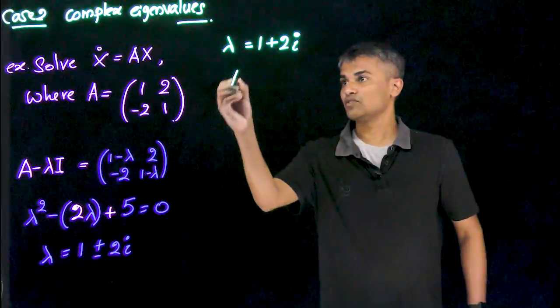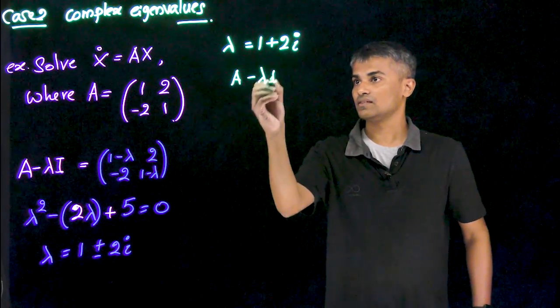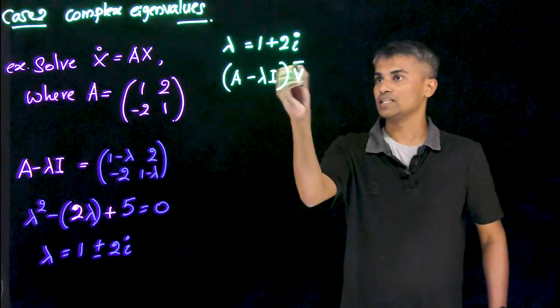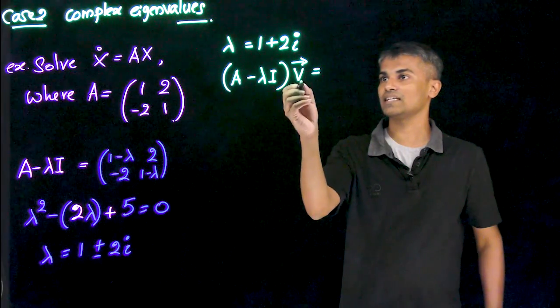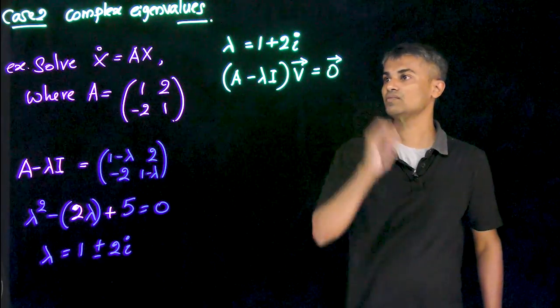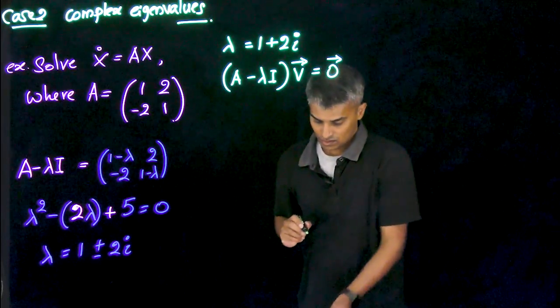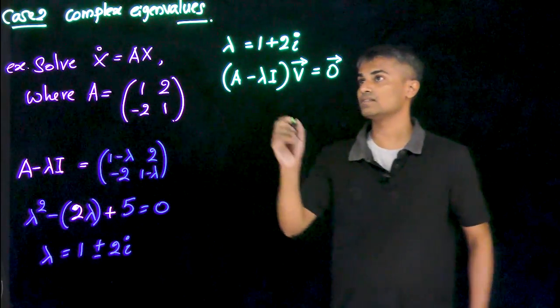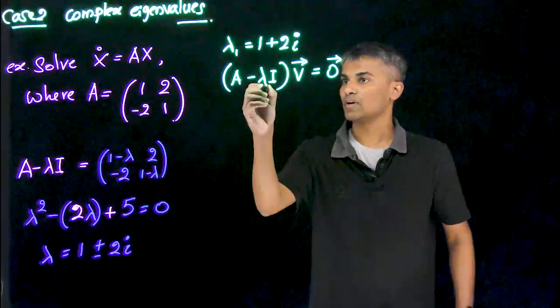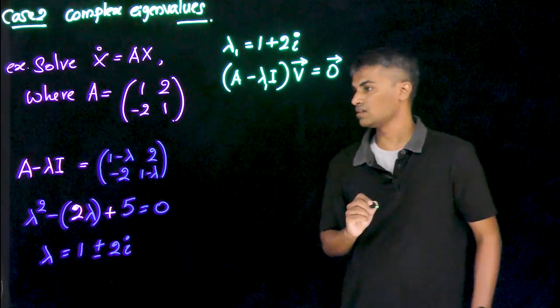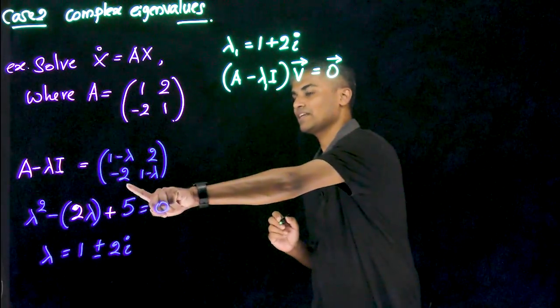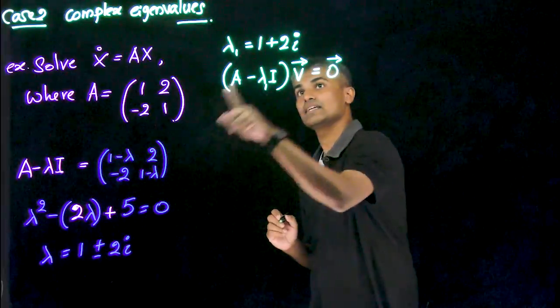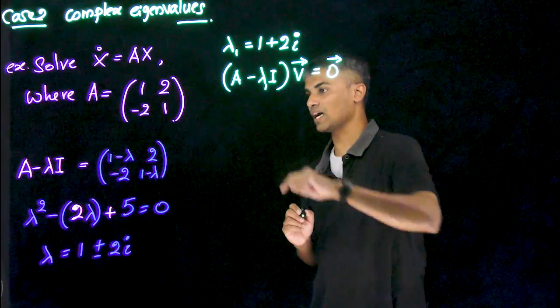So basically we need to solve this equation, A minus lambda I times vector v equals 0. Okay, and this is lambda 1. We have the A minus lambda I matrix here, and my lambda equals 1 plus 2i.